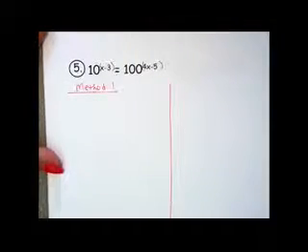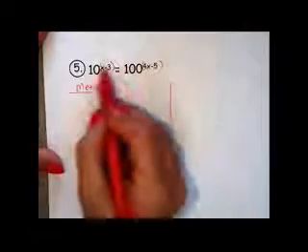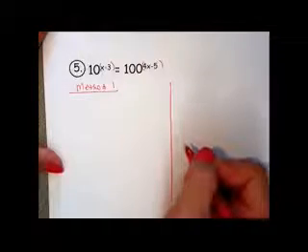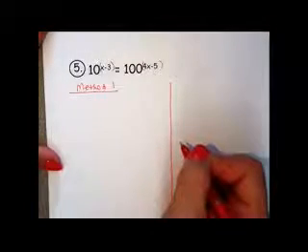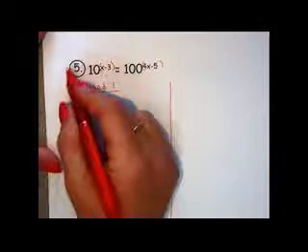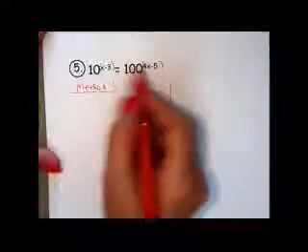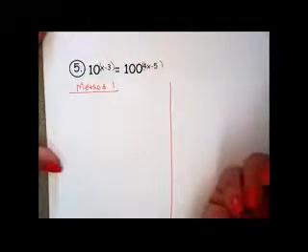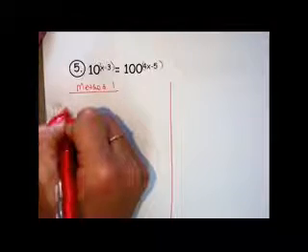Now, in order to release these powers, we have to use the log. The log will allow us to move the exponent out in front, but since we're logging both sides, it's going to take care of both of them at the same time.